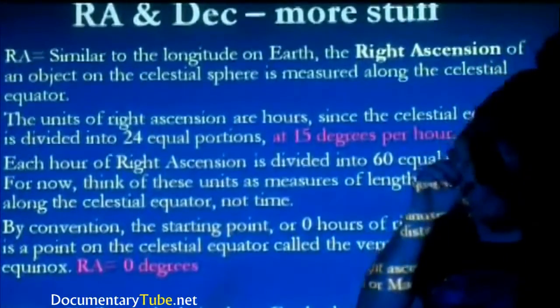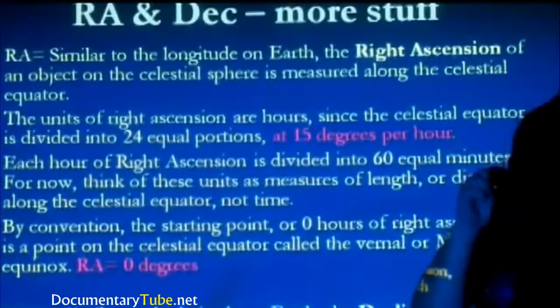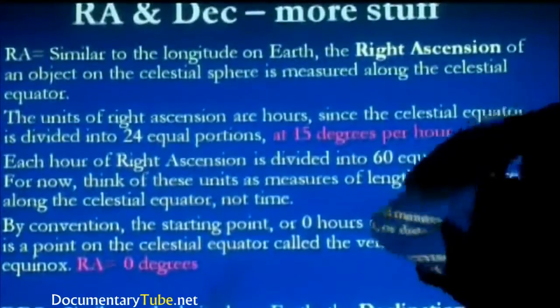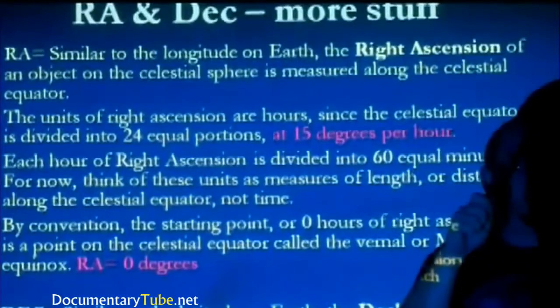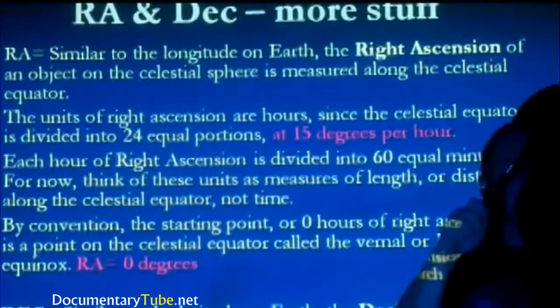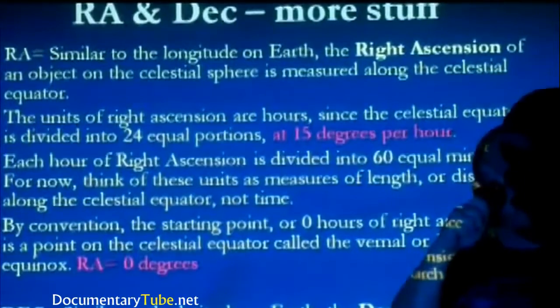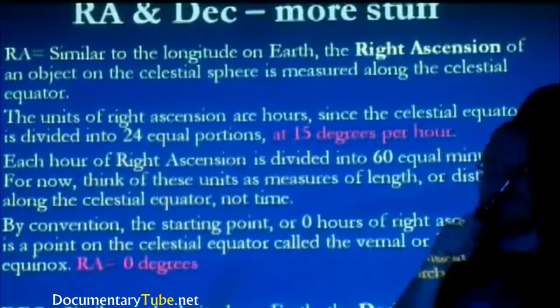When that happens, you will find that the terminator, the line, the shadow on the Earth that goes between the day and the night, is exactly 90 degrees perpendicular to the equator, but only during those 2 equinoxes.